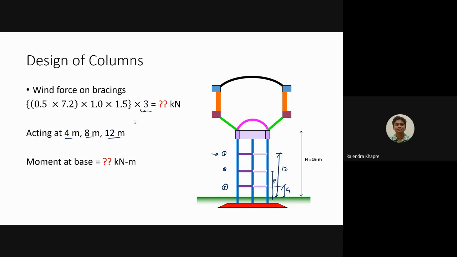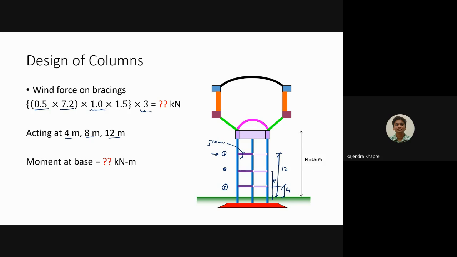As far as the bracings are concerned, the exposed area will be 0.5, because the depth of the bracing we are considering as 500 mm, multiplied by 7.2, the width of the bracing itself. This is a cross section with a flat surface, so we don't have to go for the circular shape factor of 0.7.